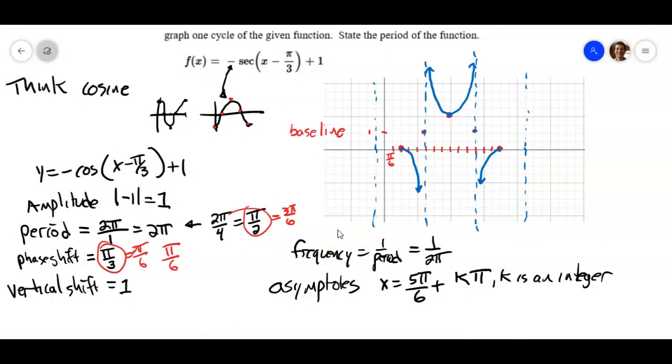If the question was domain, you basically copy all of this down, but have a set of x's such that x is not equal to 5 pi sixths plus k pi, where k is an integer.